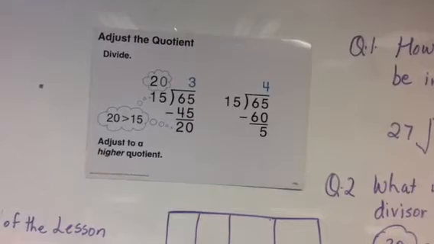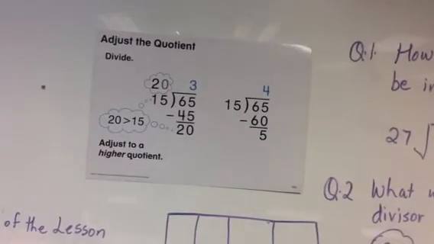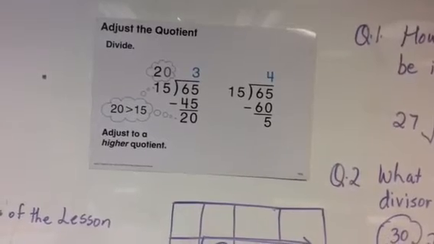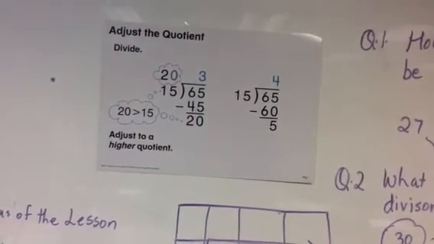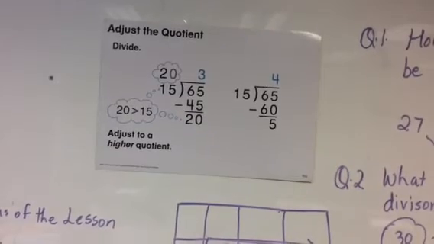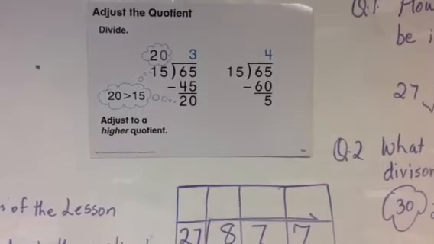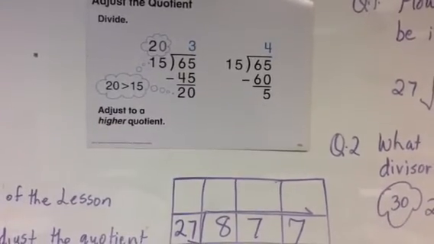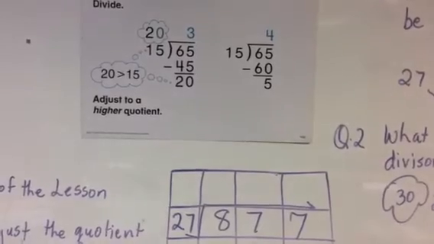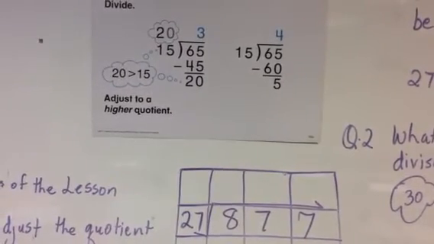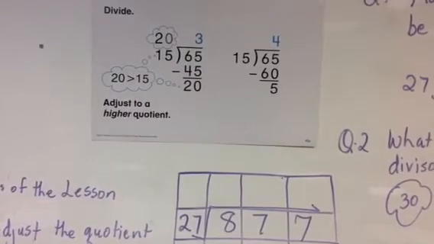You said 3, and then you did 3 times 15, you got 45. 65 minus 45 is 20, but 20 is bigger than 15. So that means it can go one more time. So you have to adjust the quotient to a higher digit. Now 15 times 4 is 60, and you have a remainder 5.